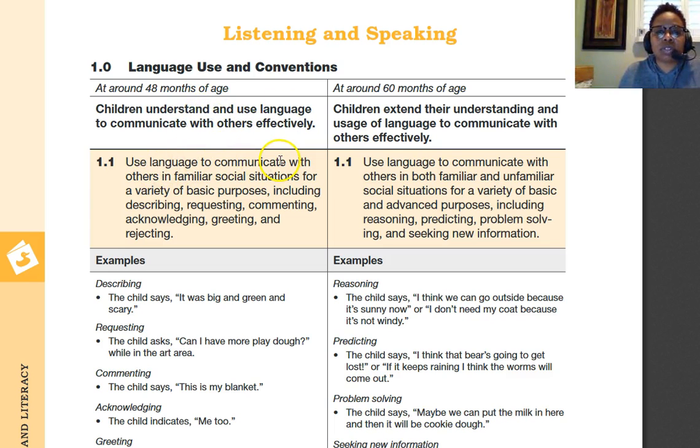And then use language to communicate, or you can say use language to describe, or use language to request something. So you don't have to write all of this. You can pick what are you focusing on in that 10-minute experience that you're having with the children. So this is for a 4-year-old, and if you see a 5-year-old, they're doing the same thing, but they're extending on their understanding and use of language. So it should be more advanced.